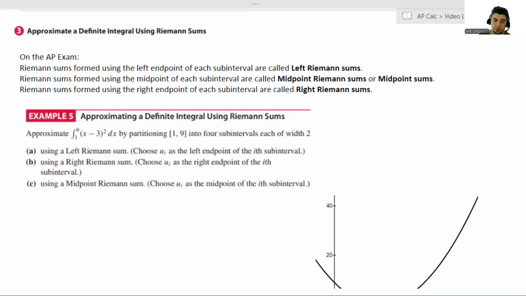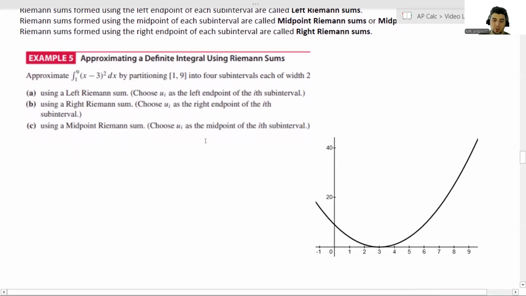So we're going to approximate the definite integral from 1 to 9 of (x minus 3) quantity squared by partitioning 1 to 9 into four subintervals, each of width 2, and then we're going to do the left, right, and midpoint rule for those.